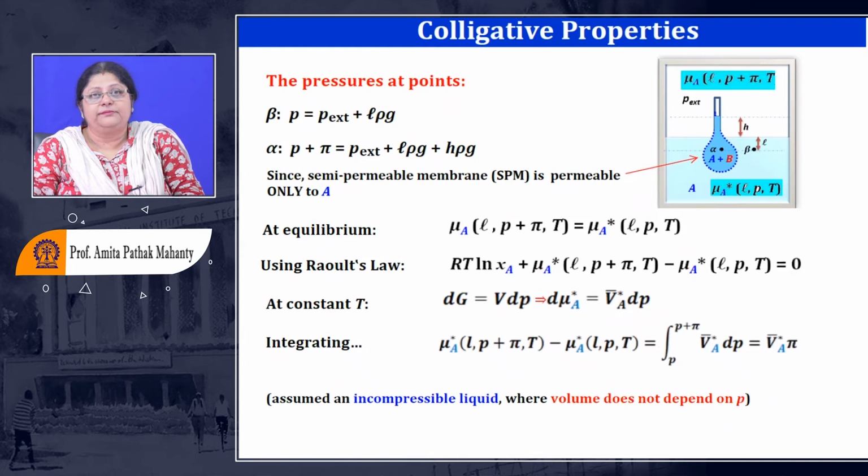So you have the change in Gibbs free energy being equal to the volume into the change in pressure. If you remember, we have taken it per mole. If I take it per mole, then this becomes the chemical potential of the species A, and this becomes the molar volume of A.